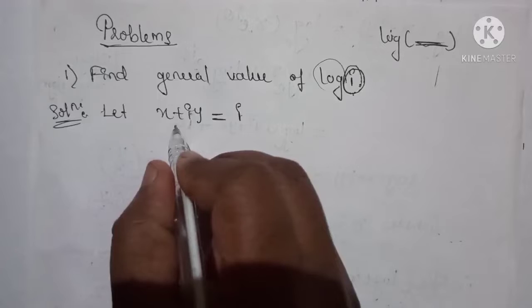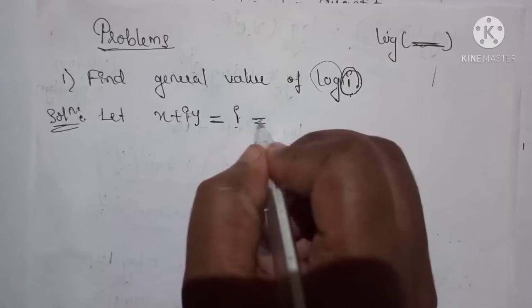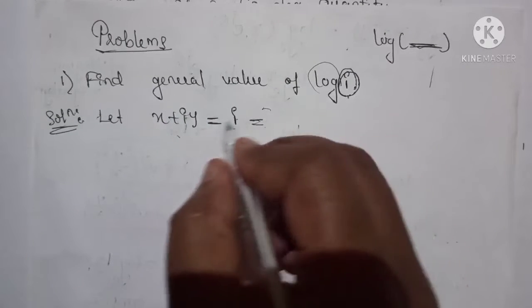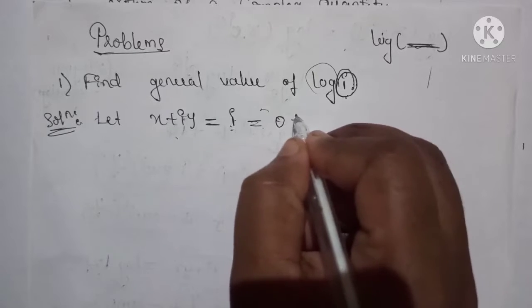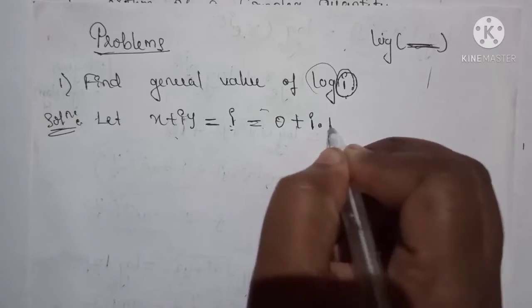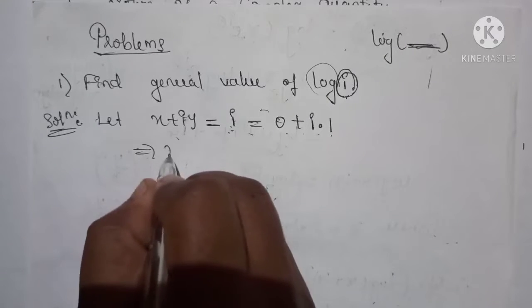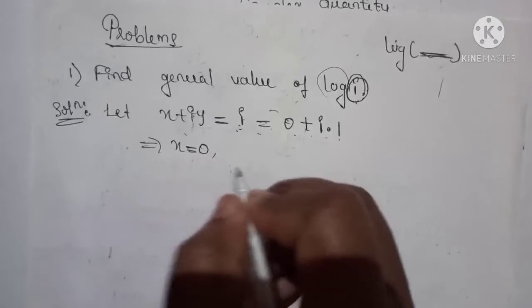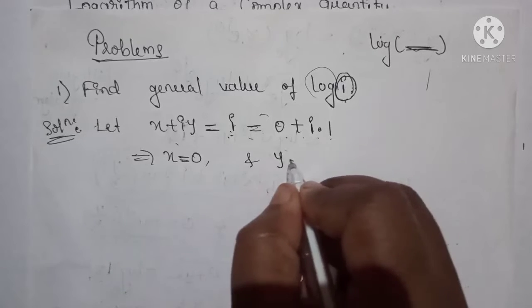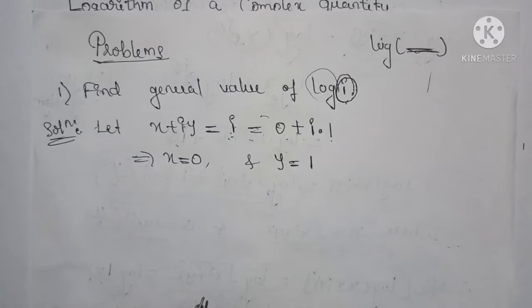Now if I represent this in the form of x plus iy, it can be written as 0 plus i into 1. So the real part is absent, that is x equals 0, and the imaginary part y equals 1.